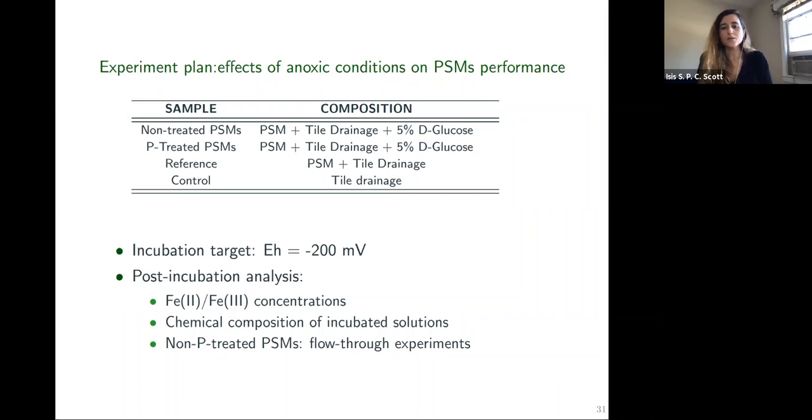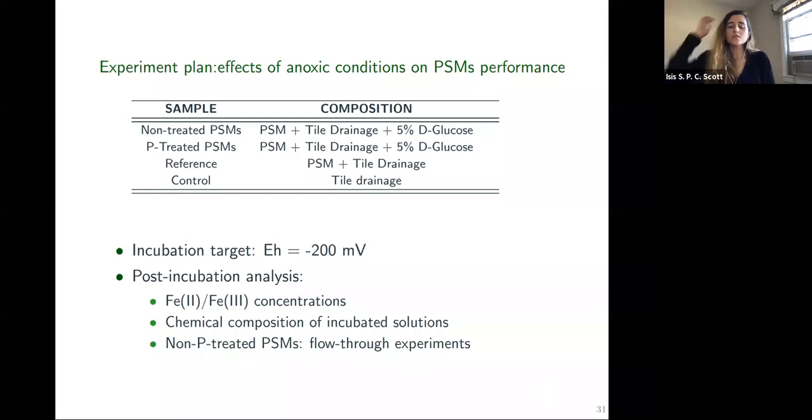These samples and their replicates were incubated until they reached minus 200 millivolts as the incubation target for the EH. We chose this number because it is under the lower bound of iron reduction.